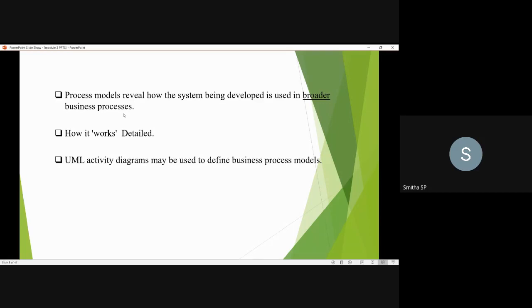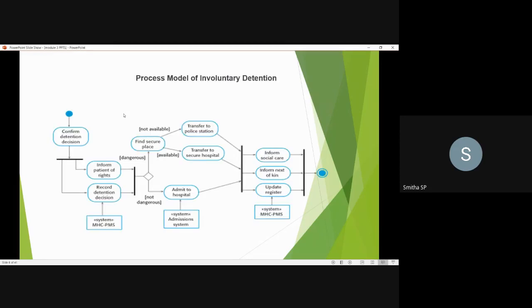Next, UML activity diagrams are used to define these business process models. That is, we make use of the Unified Modeling Language activity diagrams to define the process models. In the next slide, we can see the figure which shows the process model of involuntary detention.